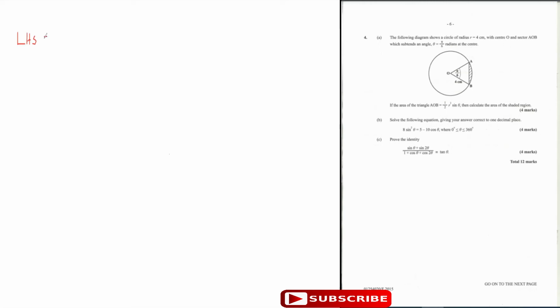Now your left hand side is logically equivalent to sine theta plus sine 2 theta over 1 plus cos theta plus cos 2 theta.